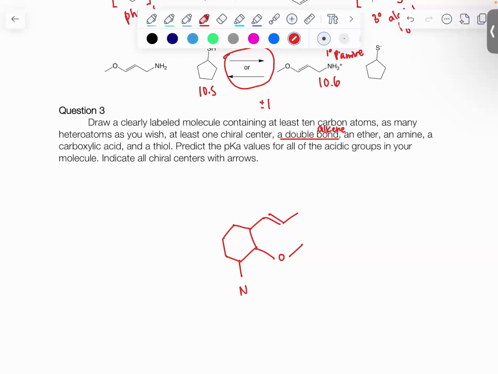And then we have an amine. And then we can add a carboxylic acid and a thiol. So we can indicate all of our chiral centers. And then I'm going to forego the pKa values for now because they'll each be different for each of your molecules.